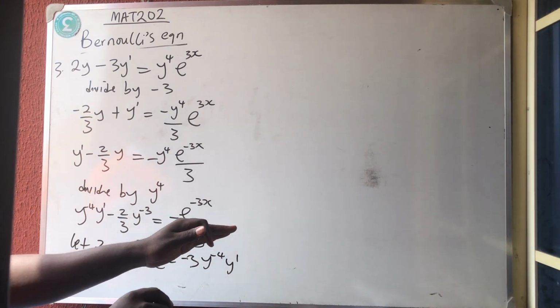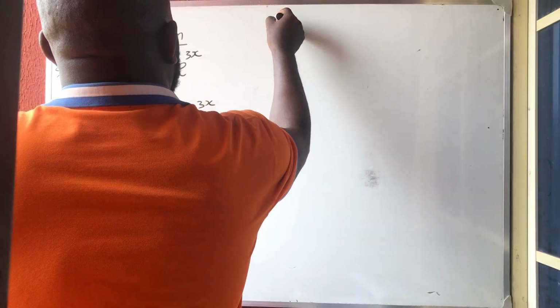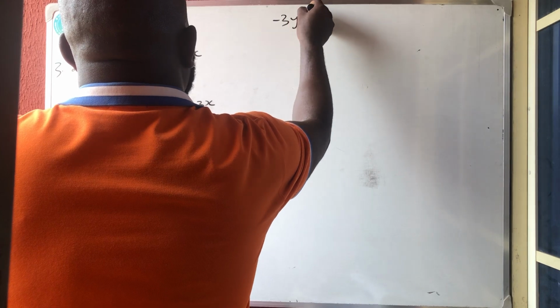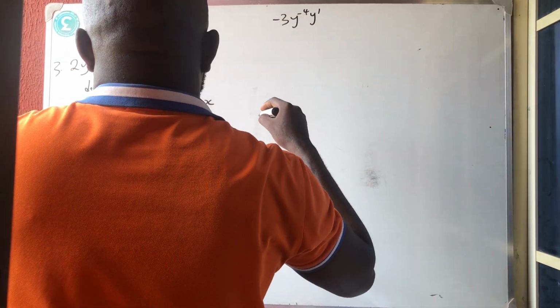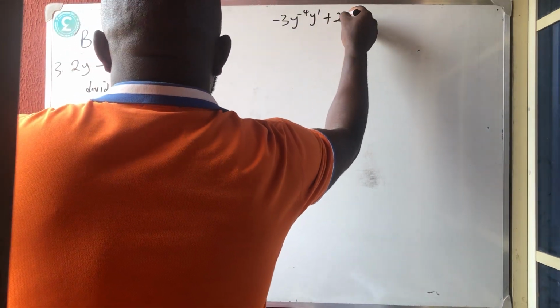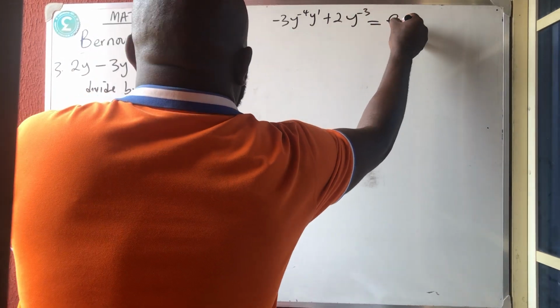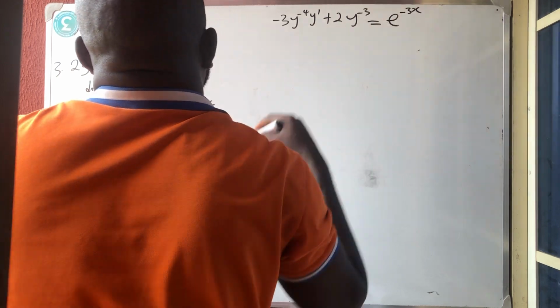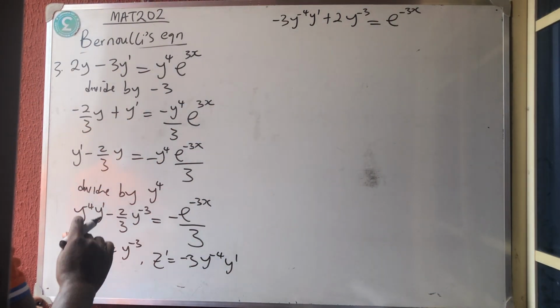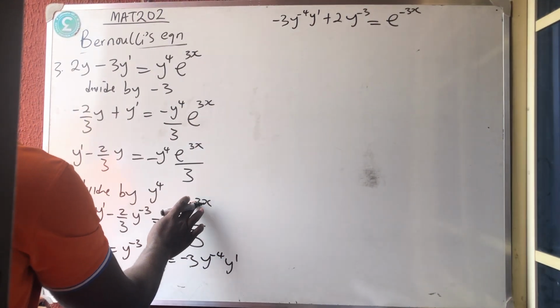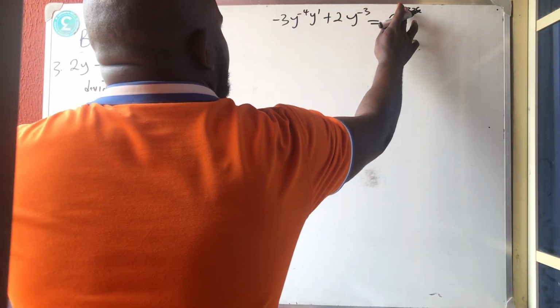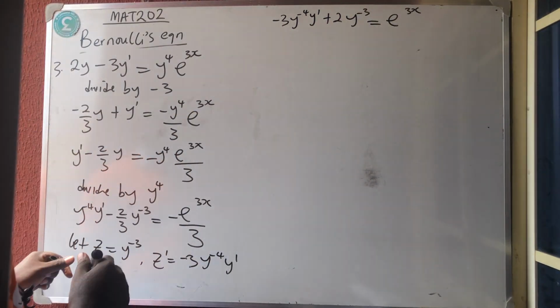So let's multiply everybody by minus 3. I'm having minus 3 y raised to power minus 4 y prime, minus 3 times this, plus 2 y raised to power minus 3 is equal to minus 3 times this, I'm left with e raised to power minus 3x. How did I get minus 3x? Just 3x, sorry, not minus 3x. Just 3x. Okay?